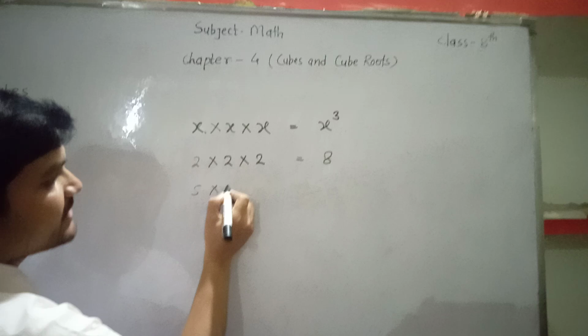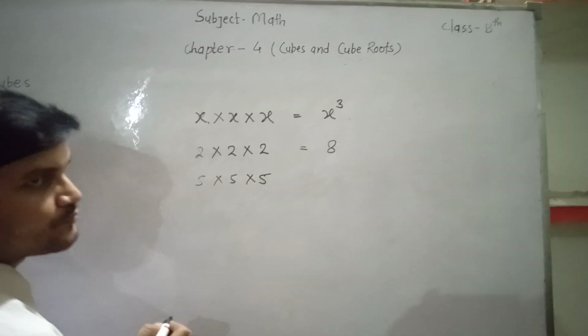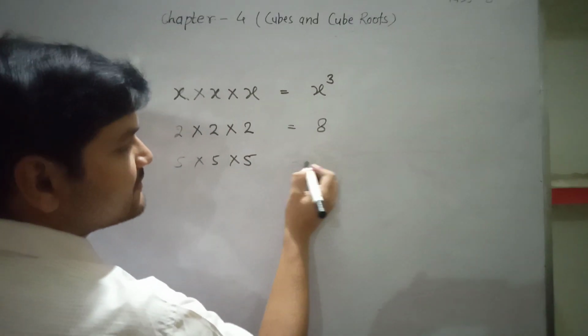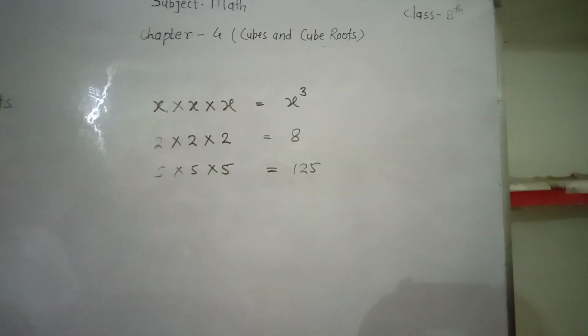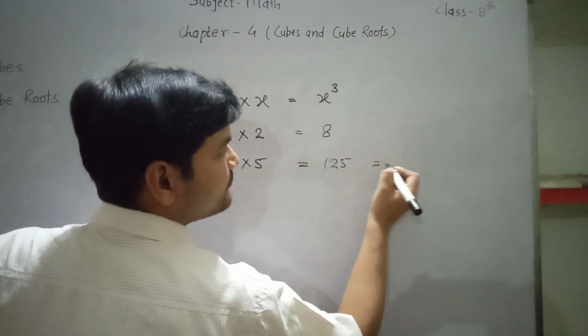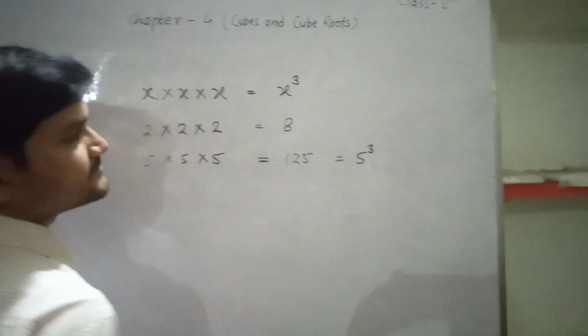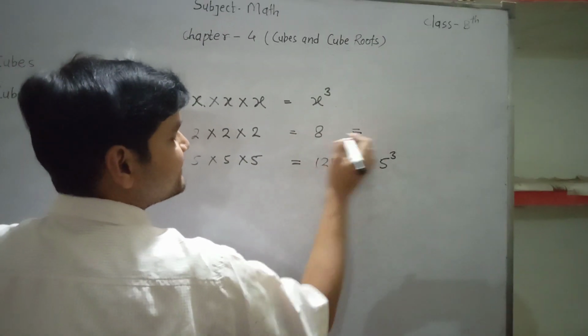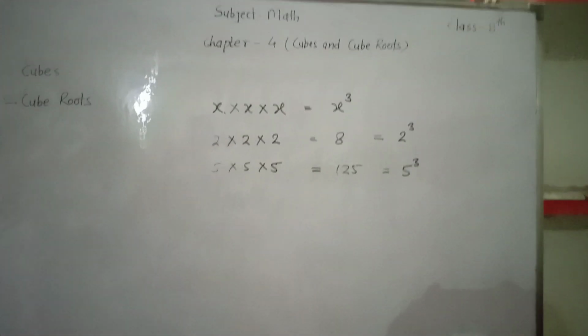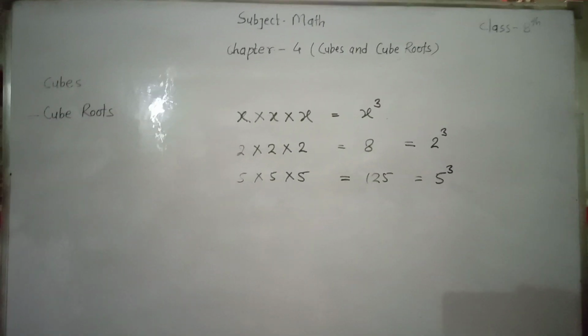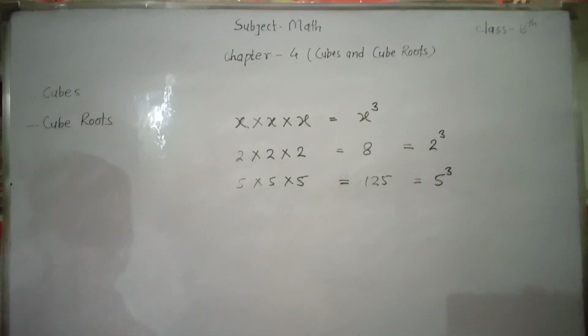Suppose 5 into 5 into 5, so we will get 125. So 125 is the cube of 5. We can write 125 like that. Same, we can write the 8 like that. That's the definition of cube.